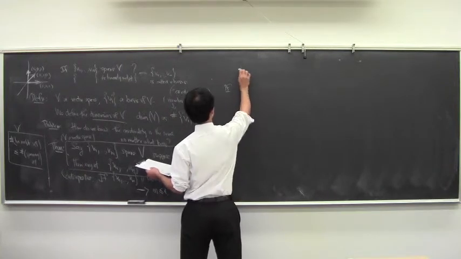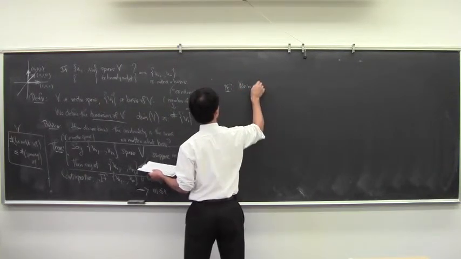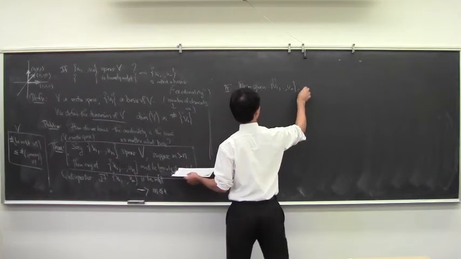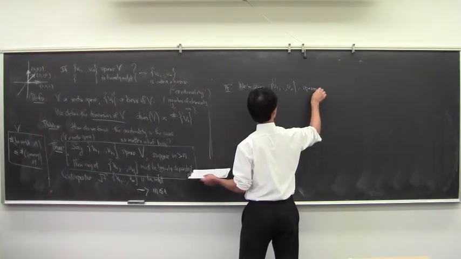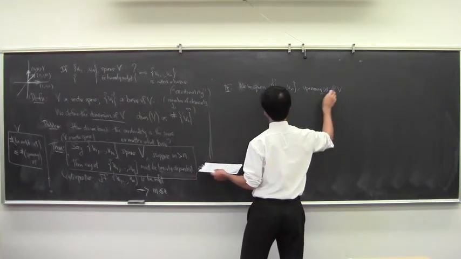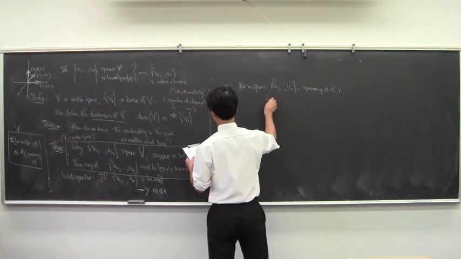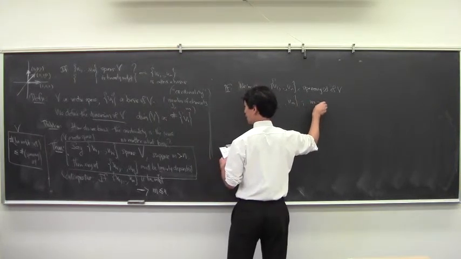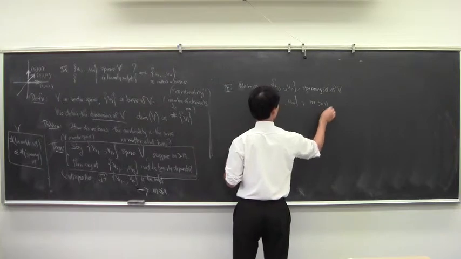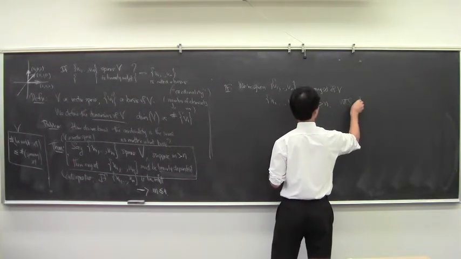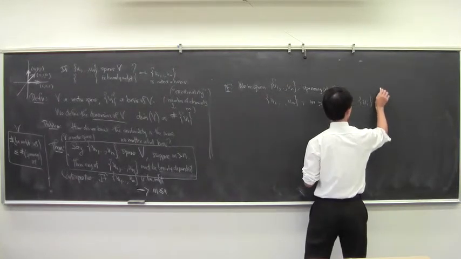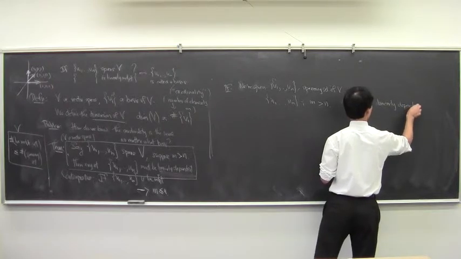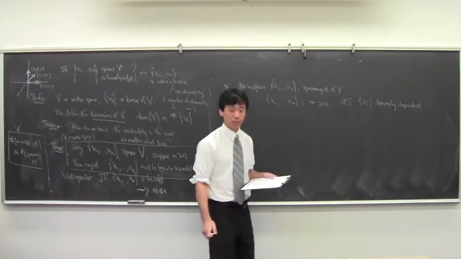We're given V1 through Vn, a spanning set of V, and we're given U1 through Um, where m is bigger than n, and we want to show that the Ui are dependent. We want to show these guys to be linearly dependent.